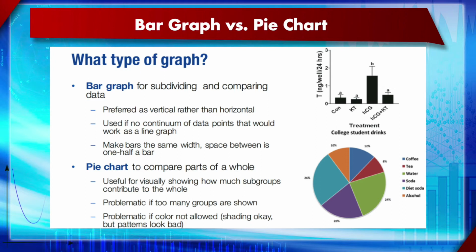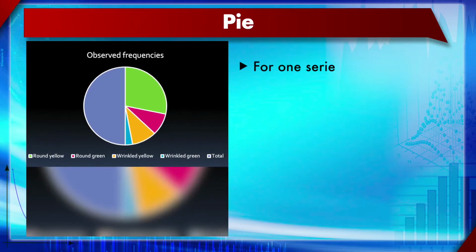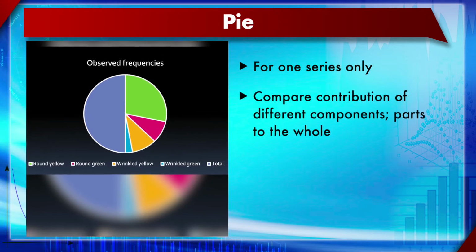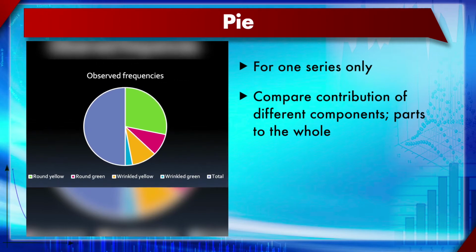But remember, if two or more categories have a similar range, then don't go for a pie, go for a bar diagram. The pie chart is for one series only, to compare the contribution of different components, part to the whole. So, one series, different parts.